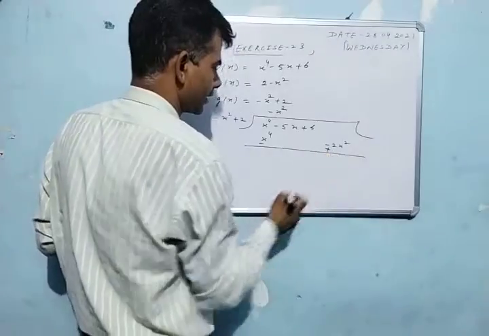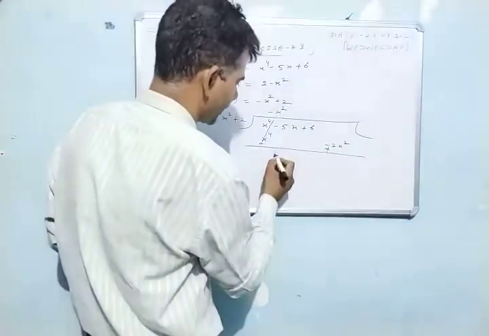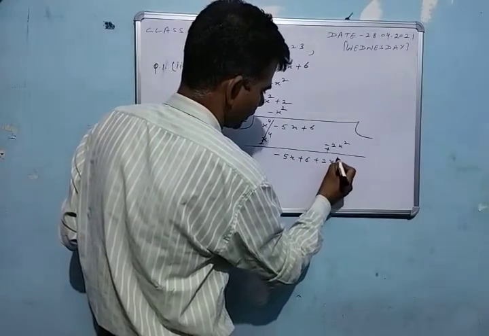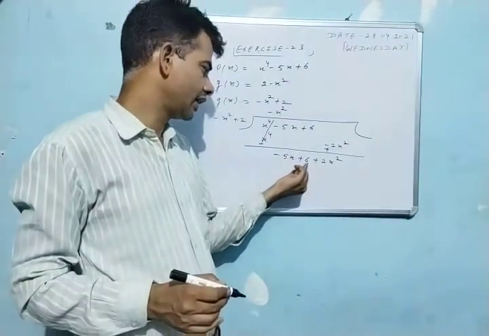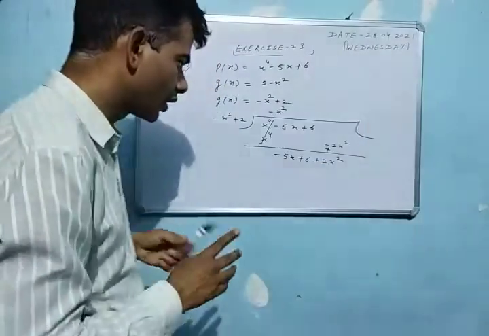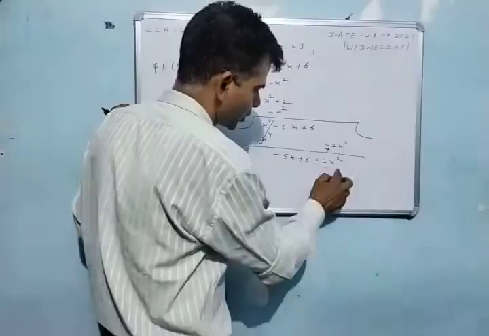Now students, minus sign and plus sign cancel out. Now the remainder is minus 5x plus 6 plus 2x square. Now students, minus 5x has degree 1, 6 has degree 0, 2x square has degree 2. We will check, that is 2x square.